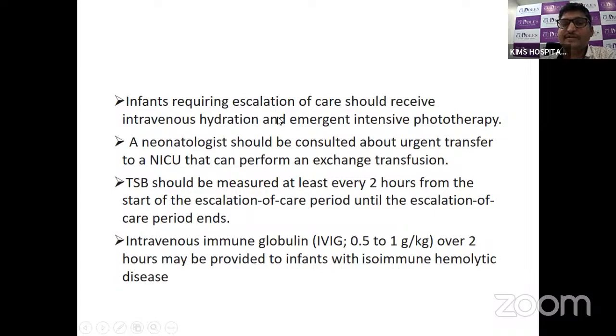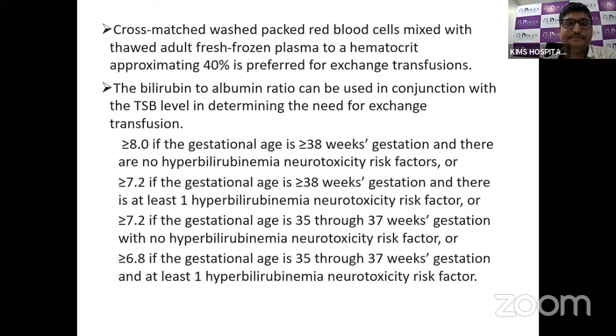All children who require escalation of care should be started on intravenous hydration and intensive phototherapy. A neonatologist should be consulted in case of urgent transfer, or the child can be transferred to a facility where it is available. TSB should be measured every 2 hours, and consider intravenous immunoglobulin in case of isoimmune hemolytic disease where the child has a positive antiglobulin test, or DCT positive.